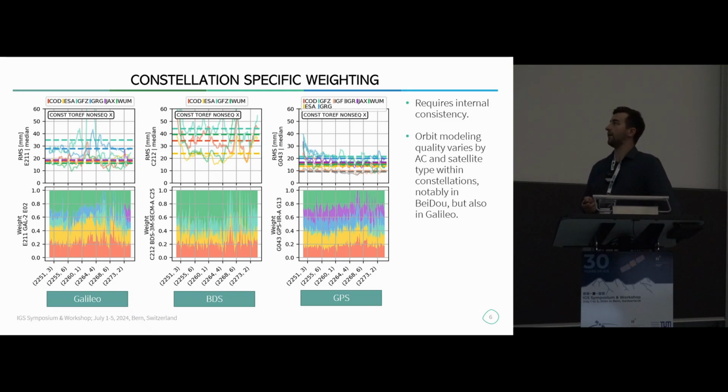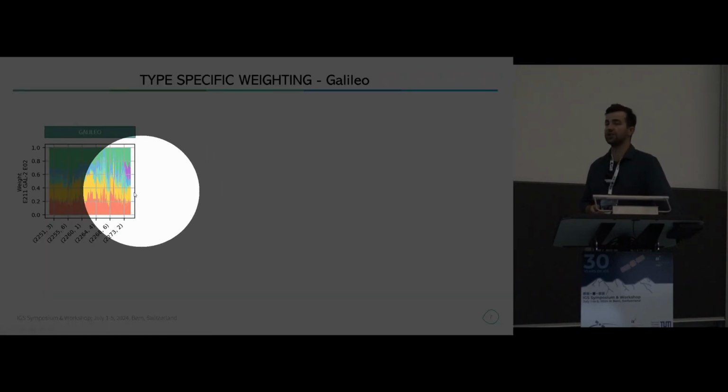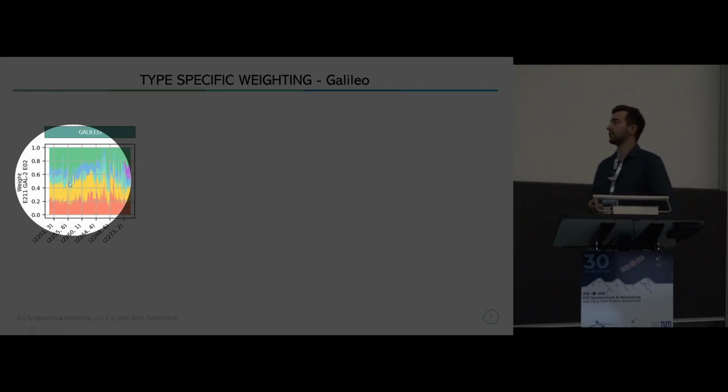This kind of approach requires general consistency, so we have to define the core data set of satellites in a robust way. We know from previous presentations given today that the orbit modeling quality varies by AC and satellite type within a constellation, especially for BeiDou, but also for Galileo. So isn't it more intuitive to divide the constellation into subgroups by their types?